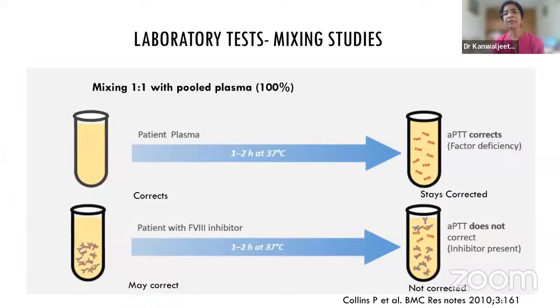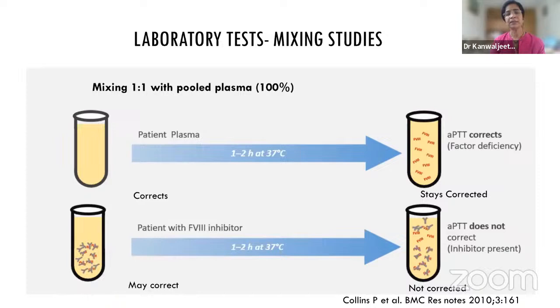The pooled plasma after 1:1 dilution will get diluted to 50%. So our APTT is corrected by a level of approximately 20% of factor. That is enough to bring the APTT to normal. So this APTT is now corrected. This means that the factor was deficient.